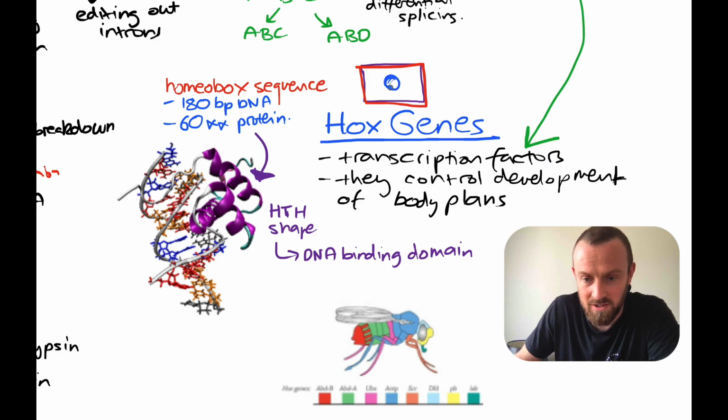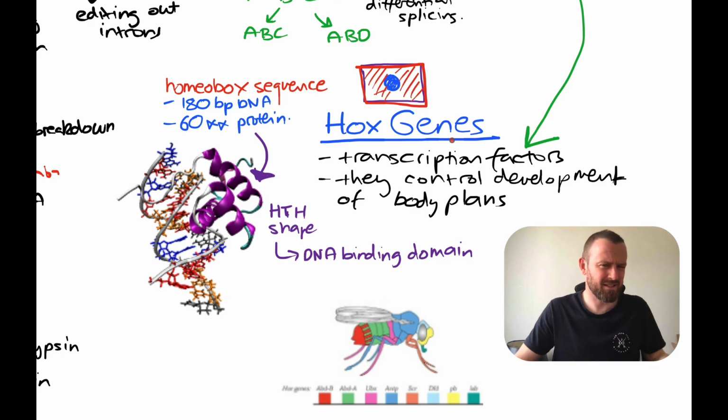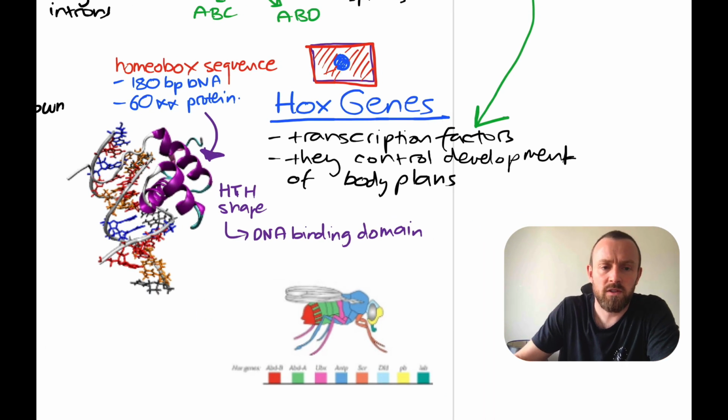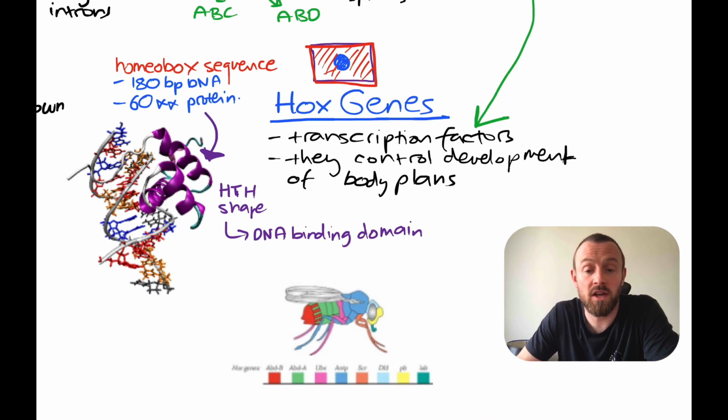Okay, so the Hox genes are a subset of the homeobox containing genes. Does that make sense? So what else do you need to know about them? Well, they are extremely well conserved. So the scientists, when they were discovering Hox genes, as I said, first found these homeobox containing genes in fruit flies, then they found them in frogs, and then they found them in all sorts of other animals and mammals.